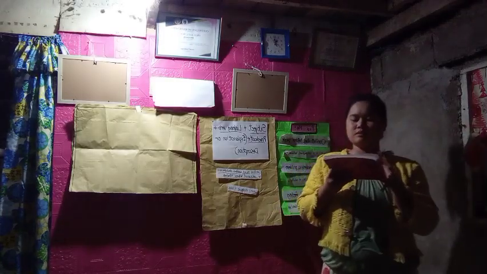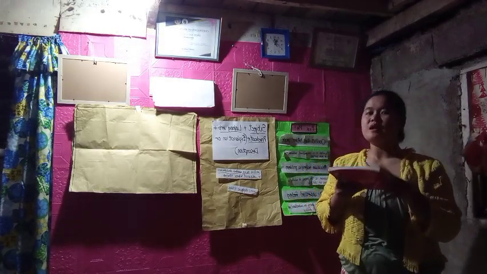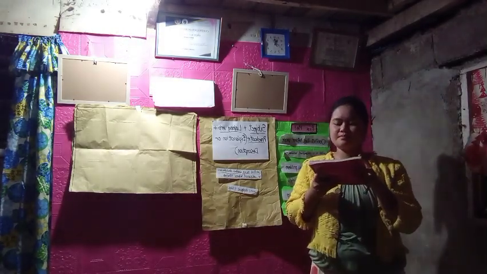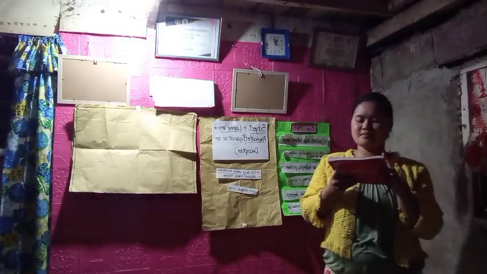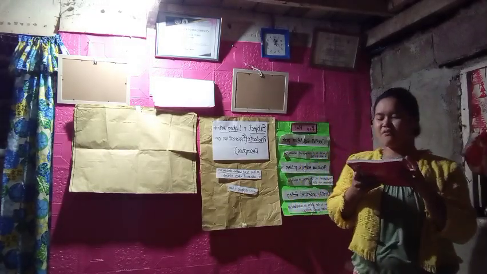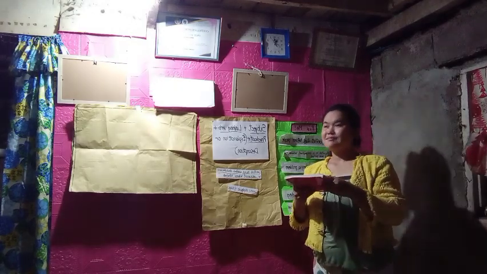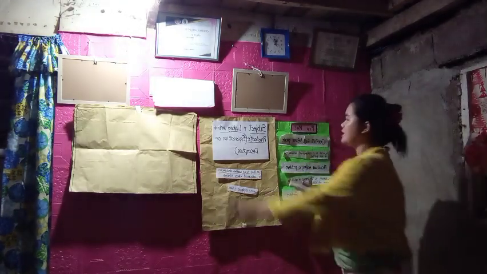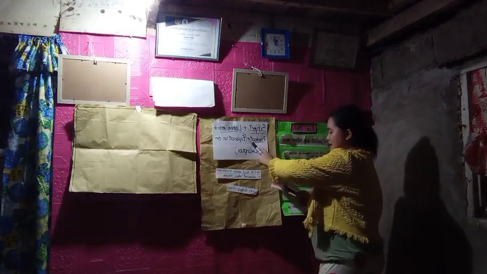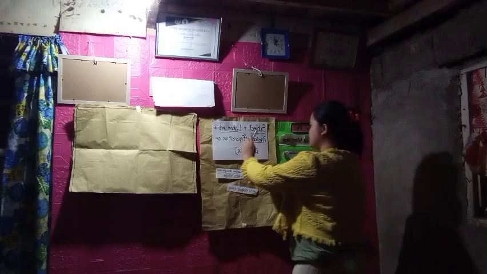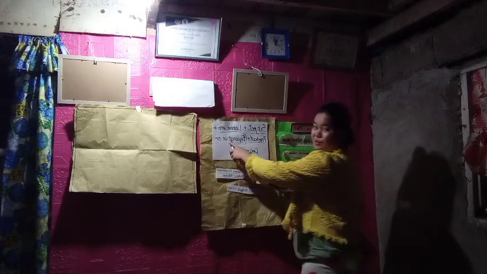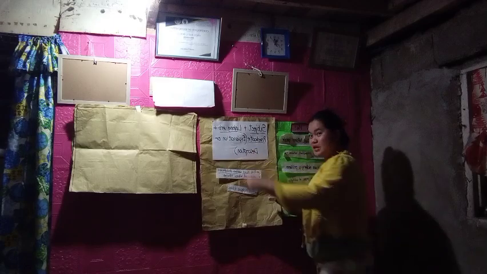What do you think is missing in the sentence? Very good. The missing part of the sentence is the linking verb, and the predicate, or the explanation or description.